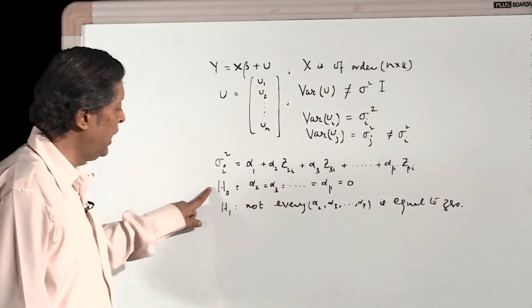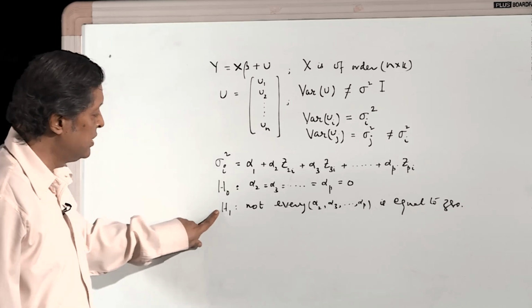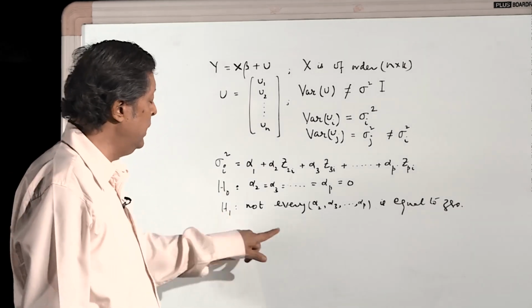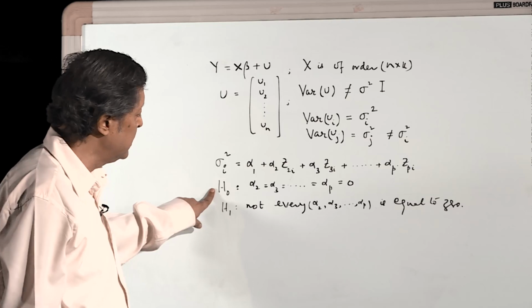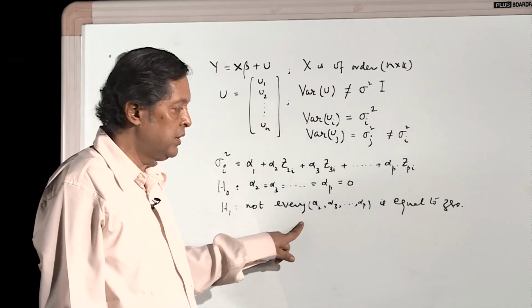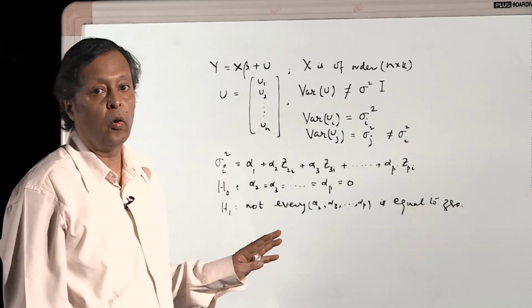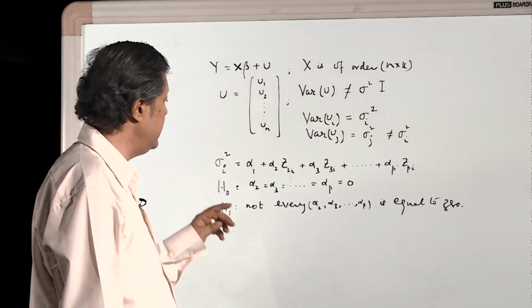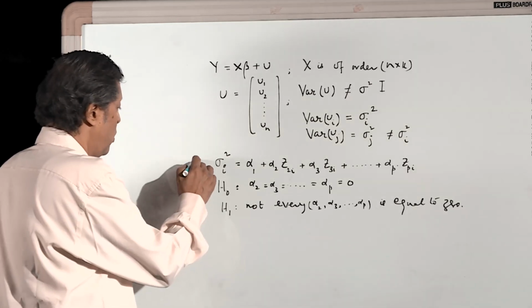If we reject the null hypothesis and accept the alternative hypothesis, then we say that there is some form of heteroskedasticity, and this is form A.